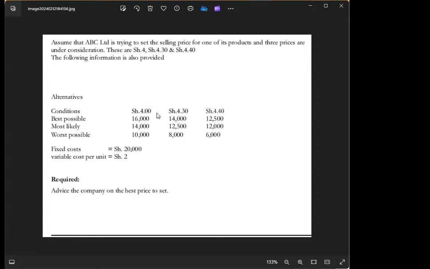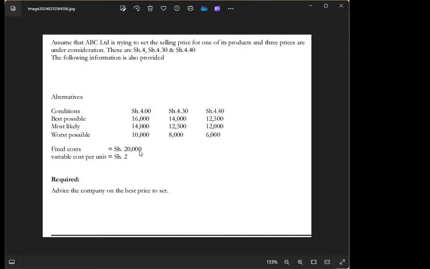This variable cost will enable us to get contribution. Of course, we multiply by the units of output less the fixed cost. So you can take 4 by 16,000 minus 16,000 by 2, and then you deduct the 20,000 from the gross contribution.